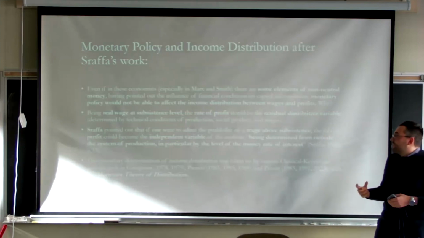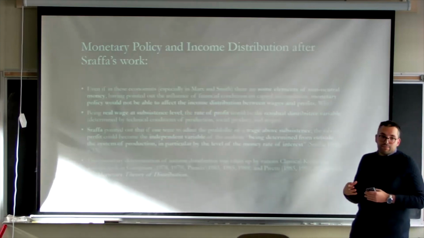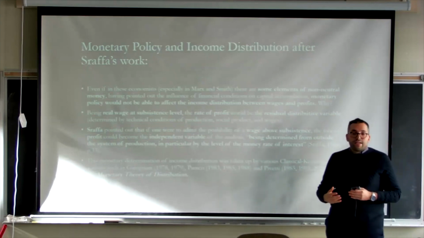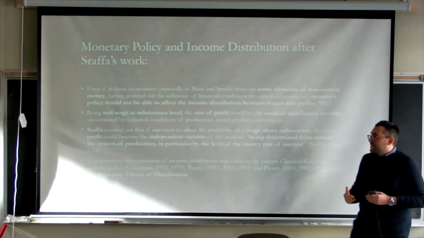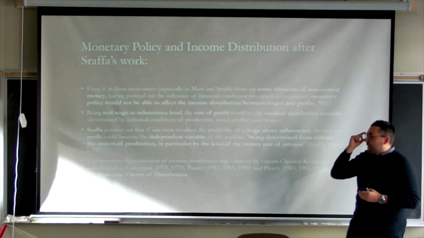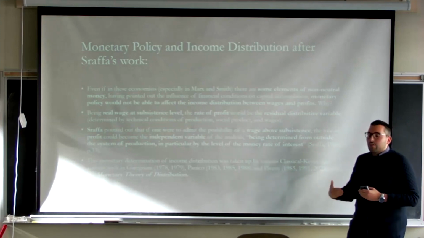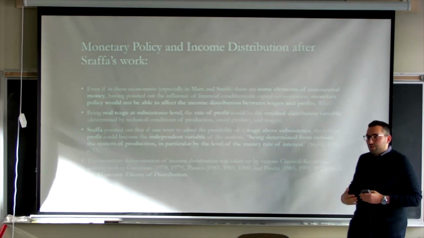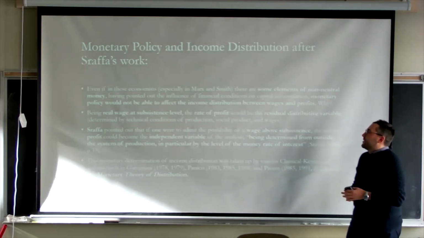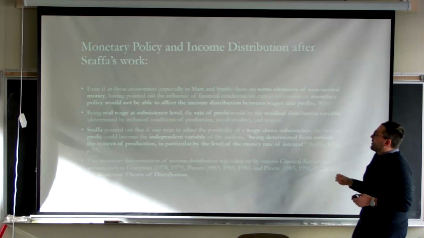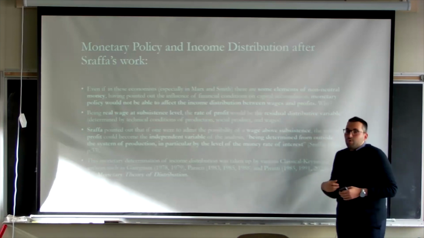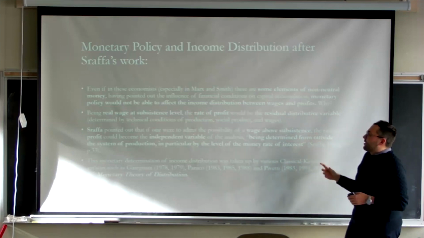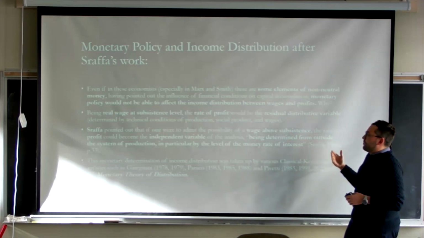Even if, especially in Marx and Smith, monetary policy is not neutral, because they represent in their work how financial conditions can have an importance for capital accumulation, especially in the Scottish case for Smith. However, in this theory, monetary policy can't have an effect on income distribution between wages and profit.